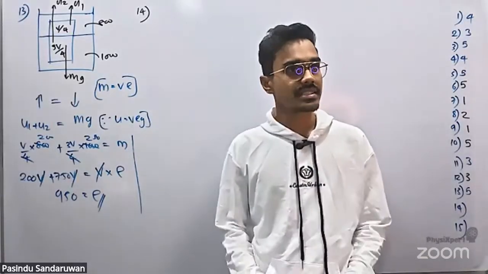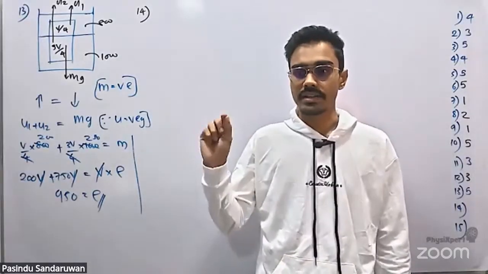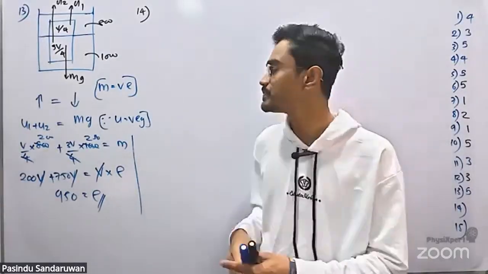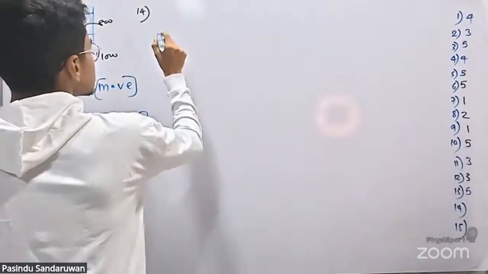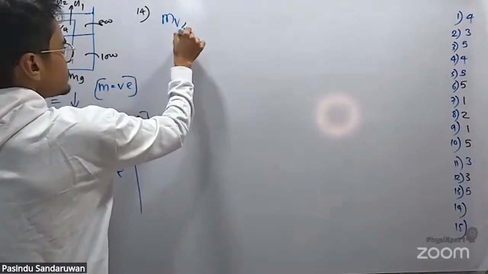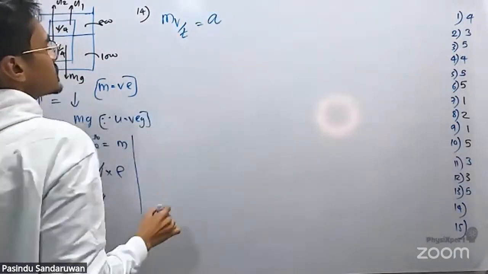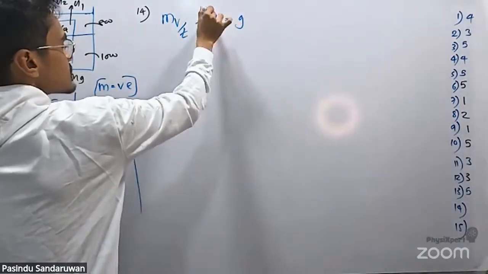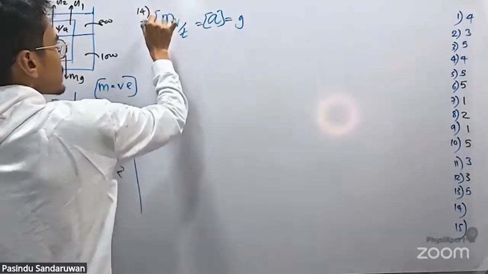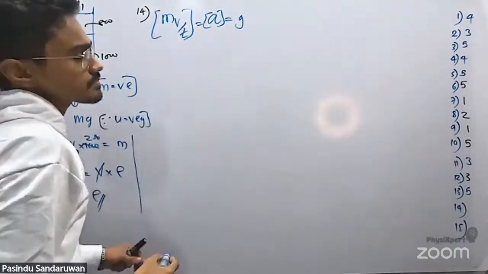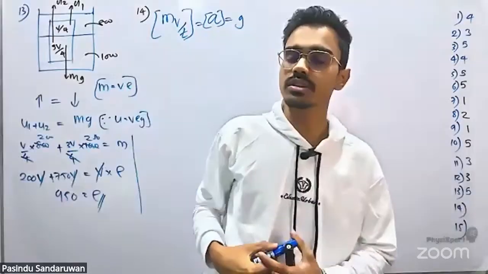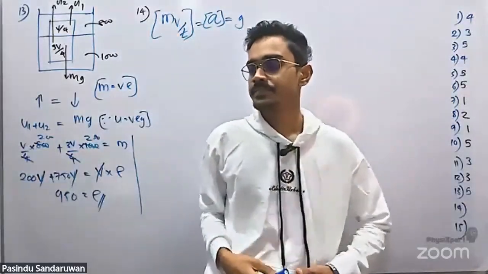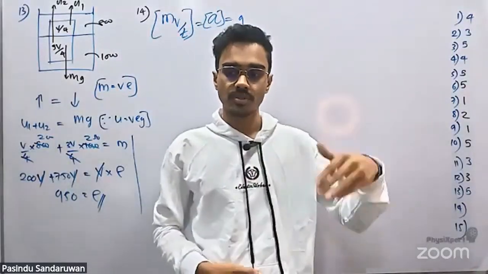Since accelerations are the same, we know acceleration is given by the gradient of the v-t graph. Acceleration is given by the gradient of v-t, a, and this is g actually. Since acceleration is constant, the gradient should be constant throughout. And we know the direction of motion changes.